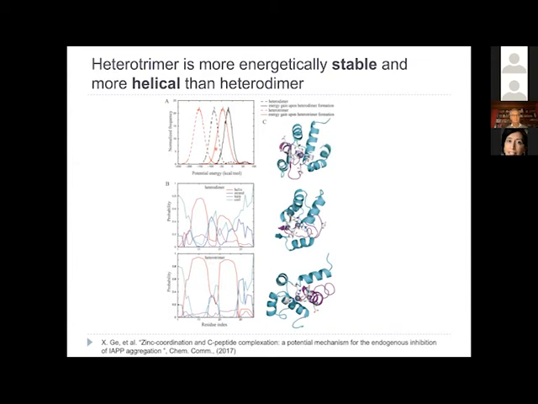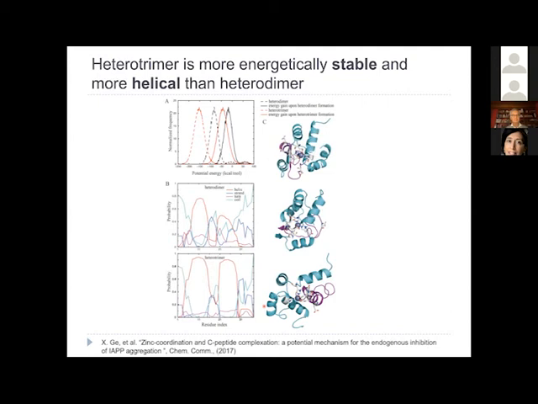And we showed that the binding will, first of all, saturate the zinc. And we also found that in the heterotrimer, the IAPP becomes more helical, especially in the C-terminal amyloidogenic region, which is 22 to 29, or 27 to 29. In the heterodimer it is originally medially helical, but when you have the heterotrimer, the IAPP becomes highly helical.